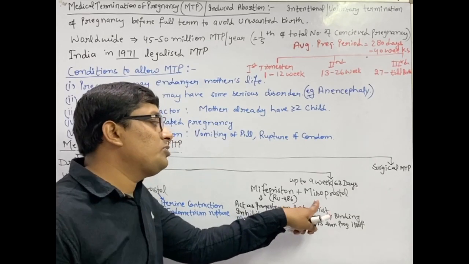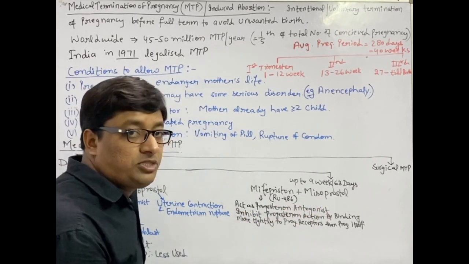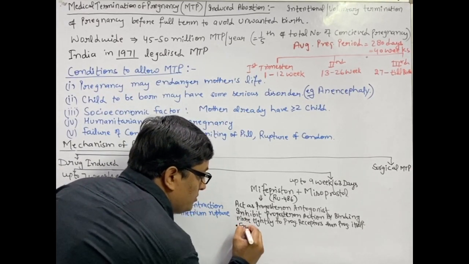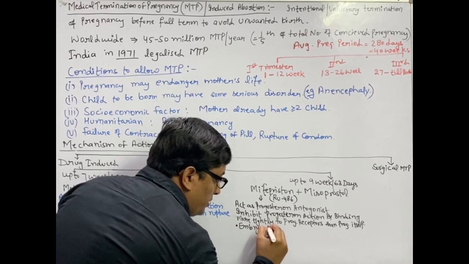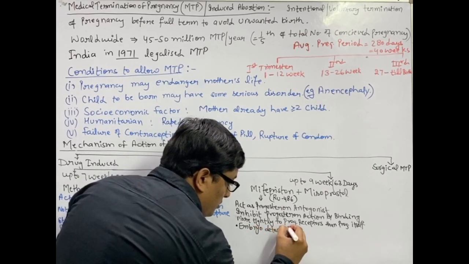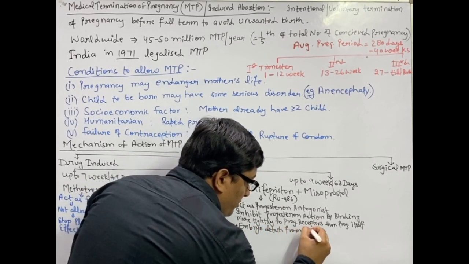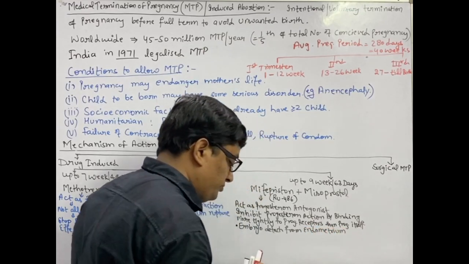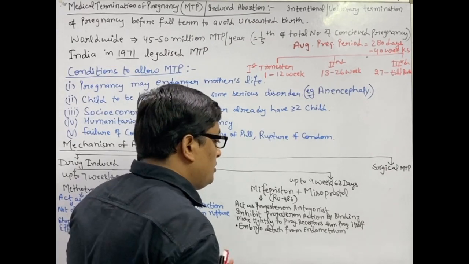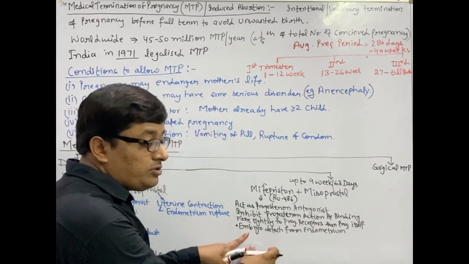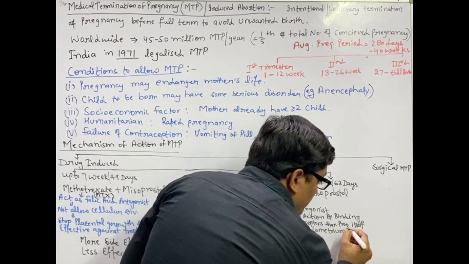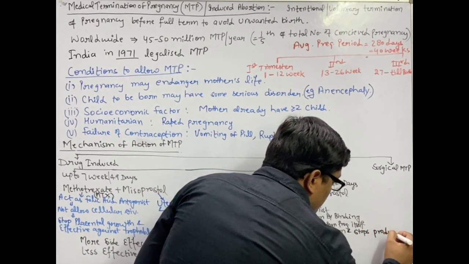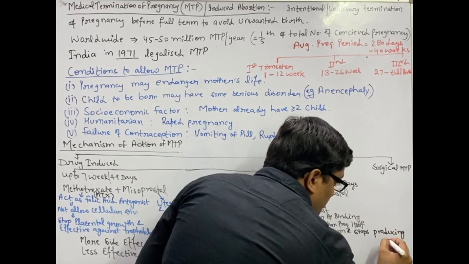Now the misoprostol causes the endometrium rupturing. Due to this, the embryo detaches from the endometrium and it stops producing HCG.